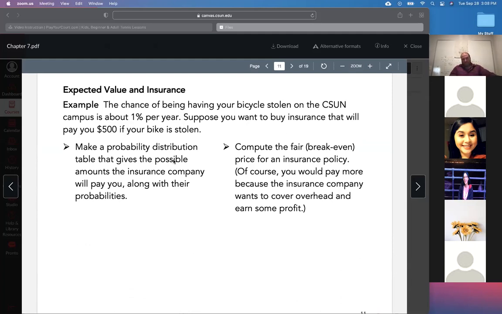What should you pay? Before we go to the math, let's see what people's intuitive idea is. There's a 1% chance that your bike is stolen, and if it is stolen, you want to get paid $500. What should you pay for that insurance? Anyone?